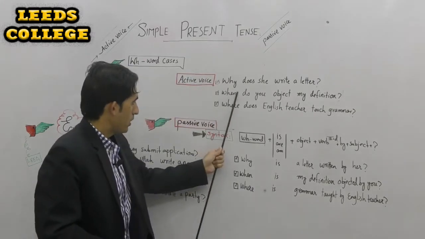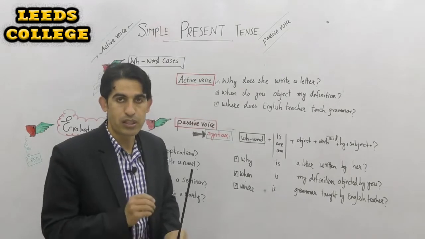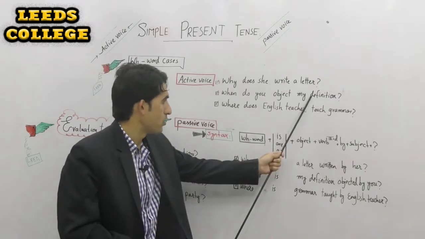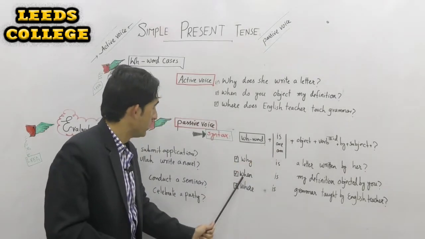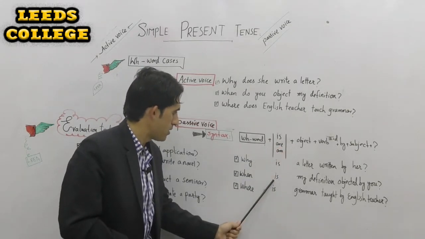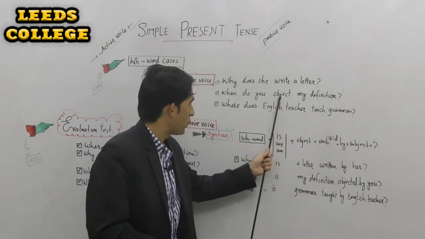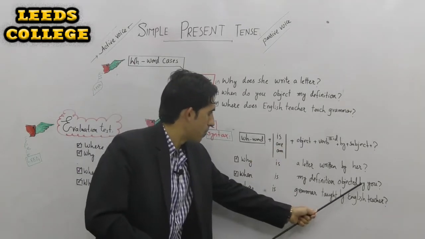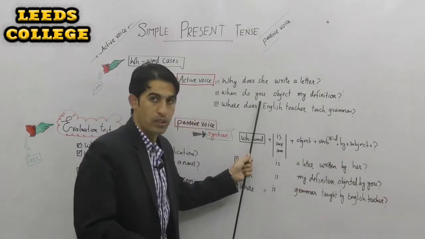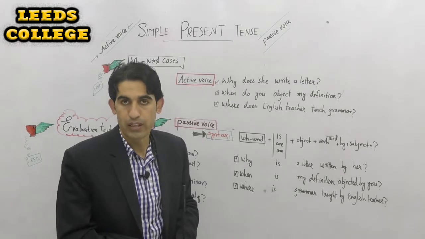The next we have, when do you object my definition? In active voice, the object used is the singular definition, so accordingly when is followed by the auxiliary is, then the object my definition, the verb third form objected, by, and the subjective case you switches into the objective you.